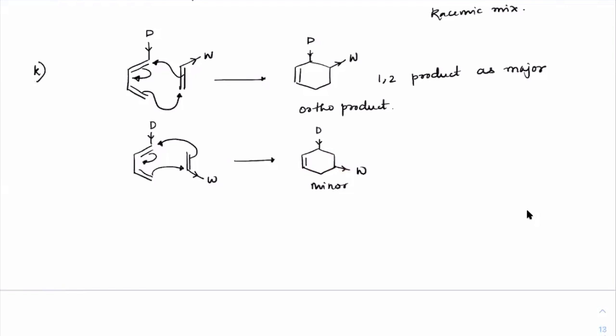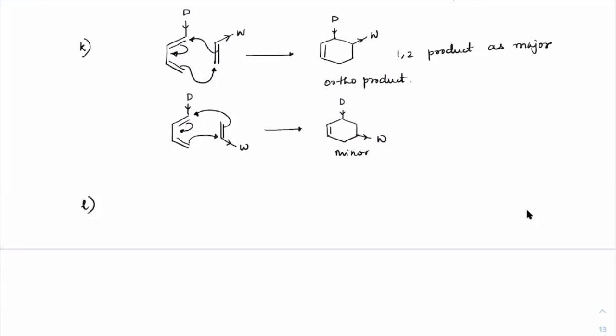Clear? So the major product would always be on the side where the attacking species will attack in such a way that the withdrawing group is on the opposite side, so that it can facilitate this pi bond to move. Now, suppose the donating group is here, donating species is here, I'll call it D. And then the withdrawing species is here, W. Then if it is donating on this side, the pi bond would shift more onto this side, right?